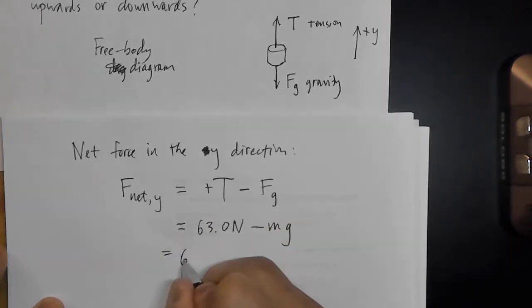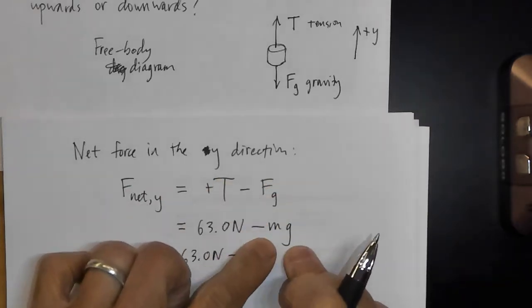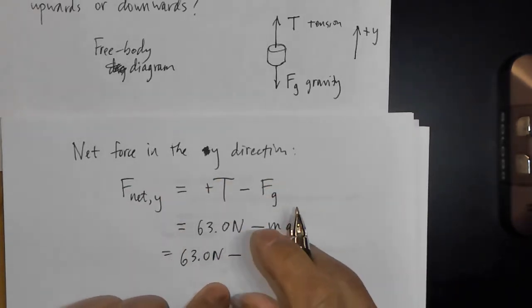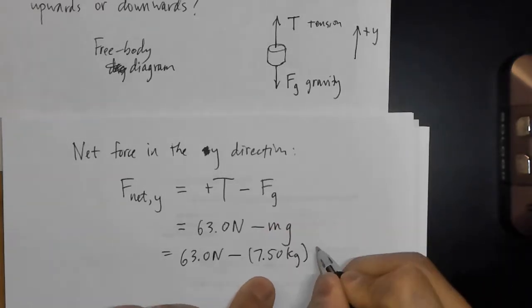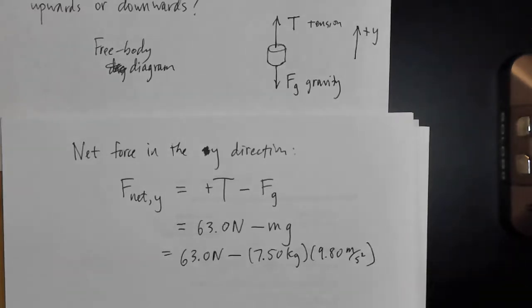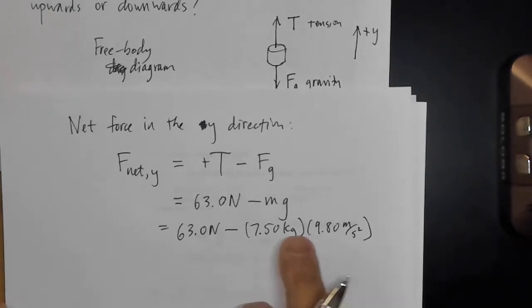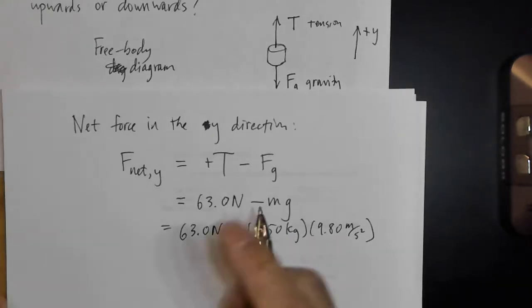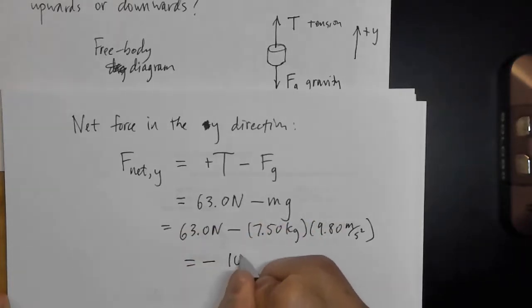Fg is m times g, so I make that replacement. The bucket is 7.5 kilograms, and g is 9.8 meters per second squared. Everybody's following me on that? You can multiply these two together, take the difference, this minus this one, and you get minus 10.5 newtons.